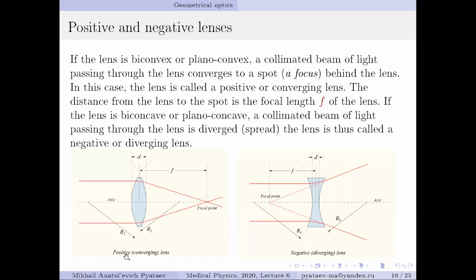In case of a positive lens, this focal point corresponds to a real crossing of light beams, and in this point the parallel beams create a strong intensity.